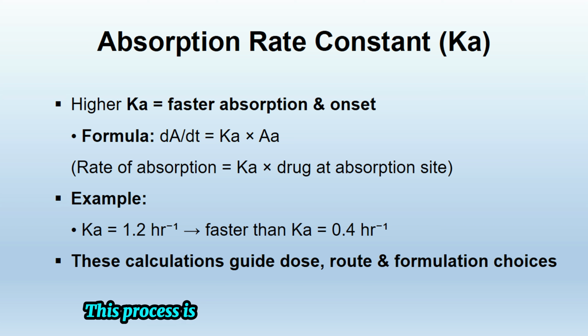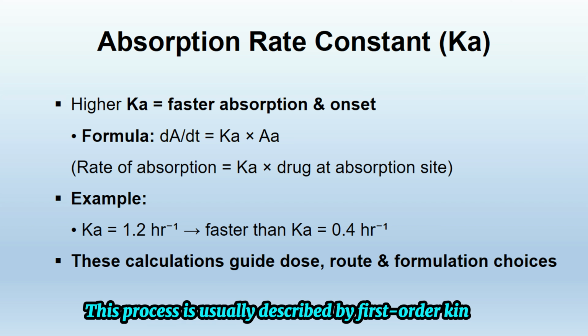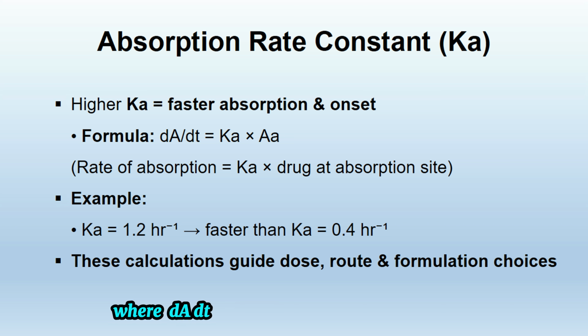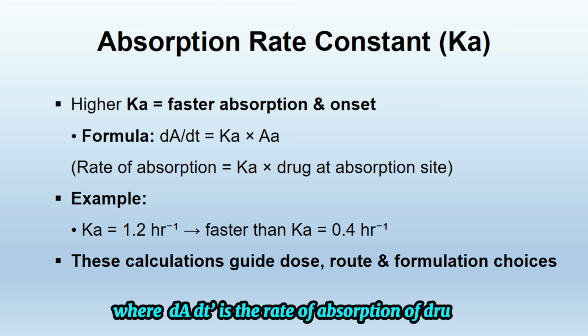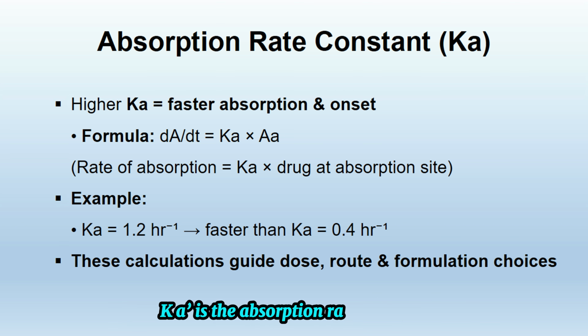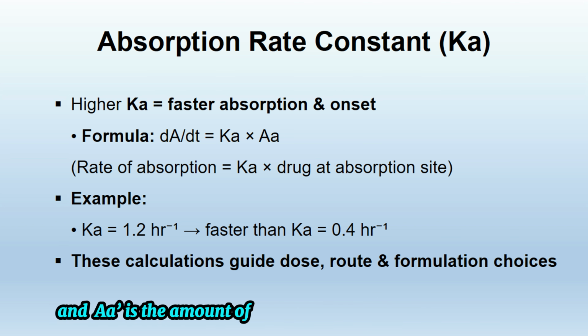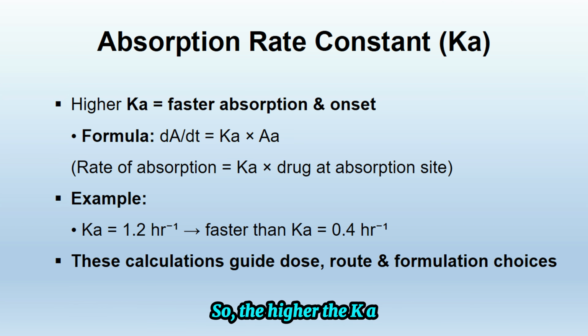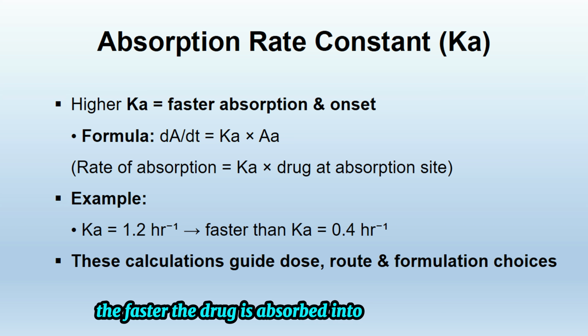This process is usually described by first-order kinetics, using the formula dA/dt equals Ka times A, where dA/dt is the rate of absorption of drug A, Ka is the absorption rate constant, and A is the amount of drug available at the absorption site. So, the higher the Ka, the faster the drug is absorbed into the bloodstream.